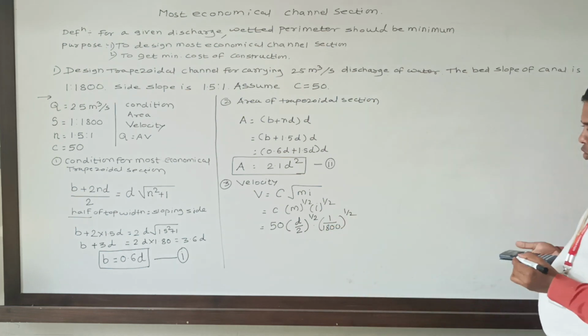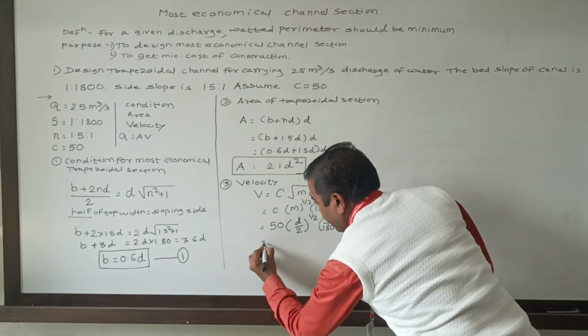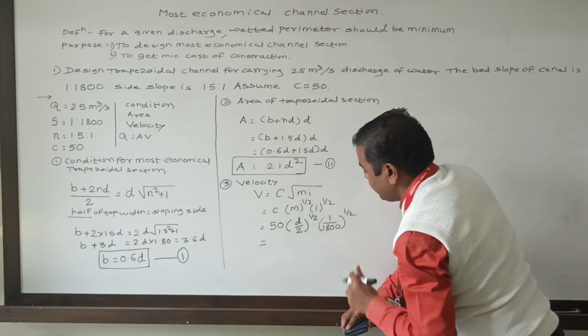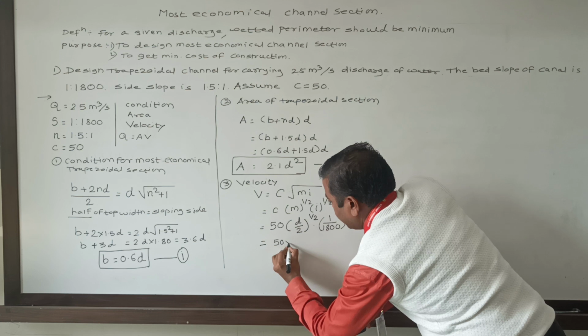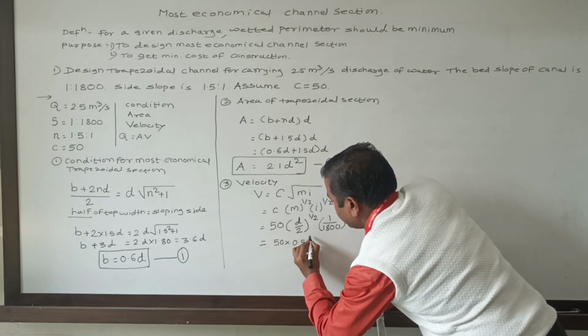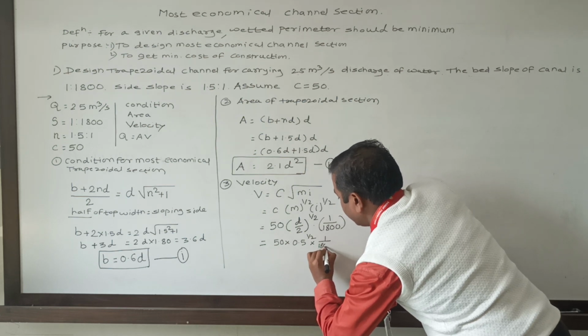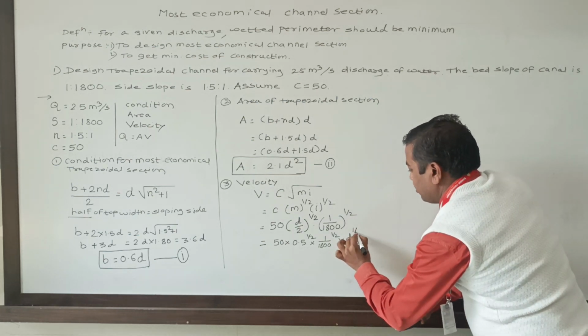Let us see what we will get here. We have to simplify. See how we will simplify. So 50 into 0.5 raised to half, into 1 upon 1800 raised to half, into d raised to half.